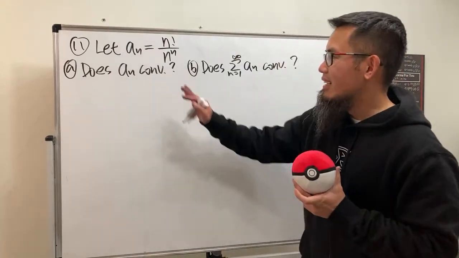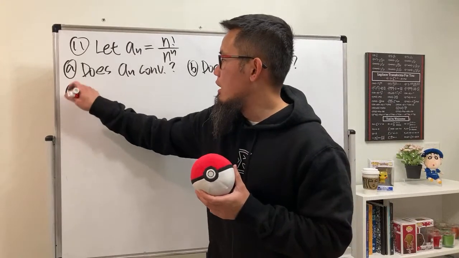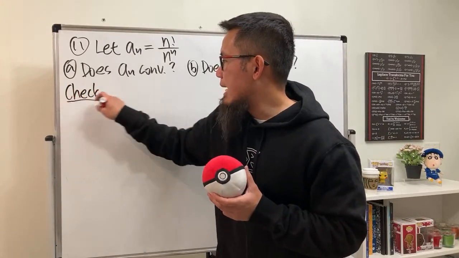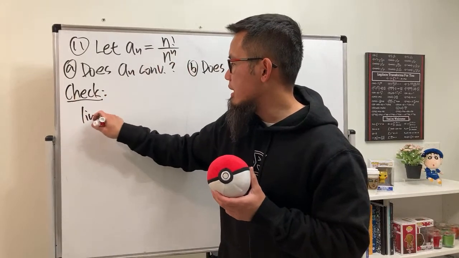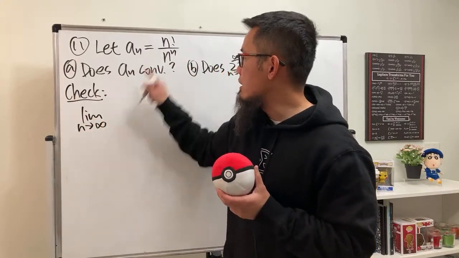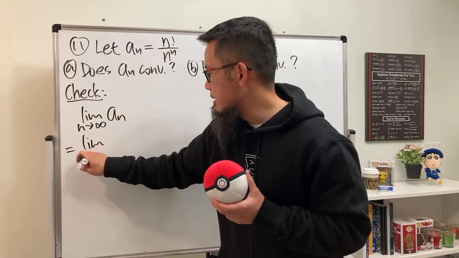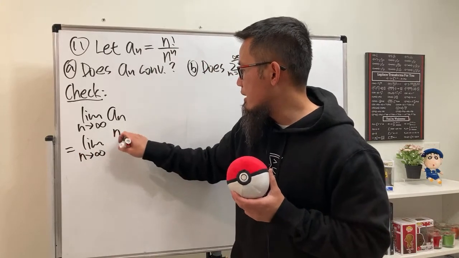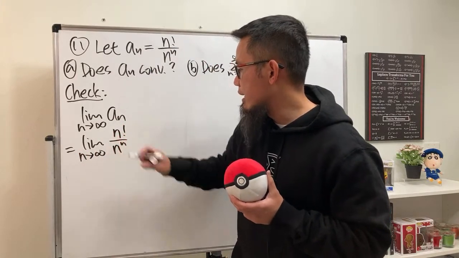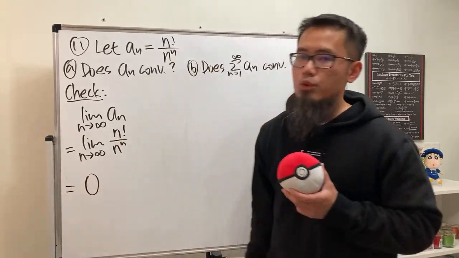Yes, this right here converges, and this is how you do it. Remember, if the question is asking does the sequence converge or not, just go ahead and check the limit as n goes to infinity of an, which is just the limit as n goes to infinity of n factorial over n to the n. But you know what? This is just nicely equal to 0.